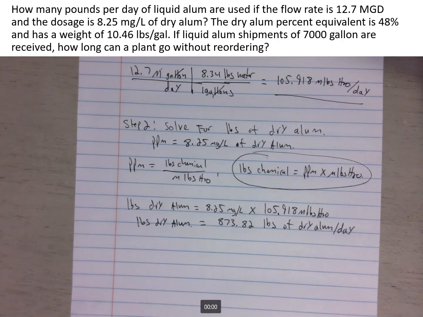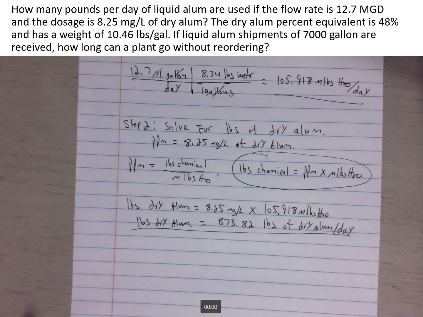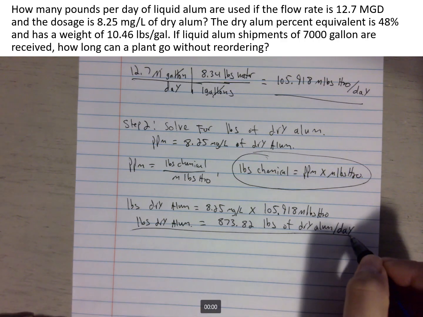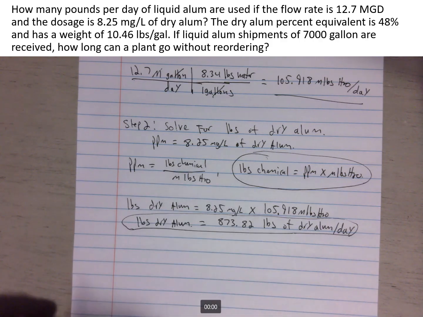So we have found the first part of the problem statement. Actually, we have found how many pounds of dry alum, and we are setting ourselves up to find how many pounds of liquid alum we are using every day.